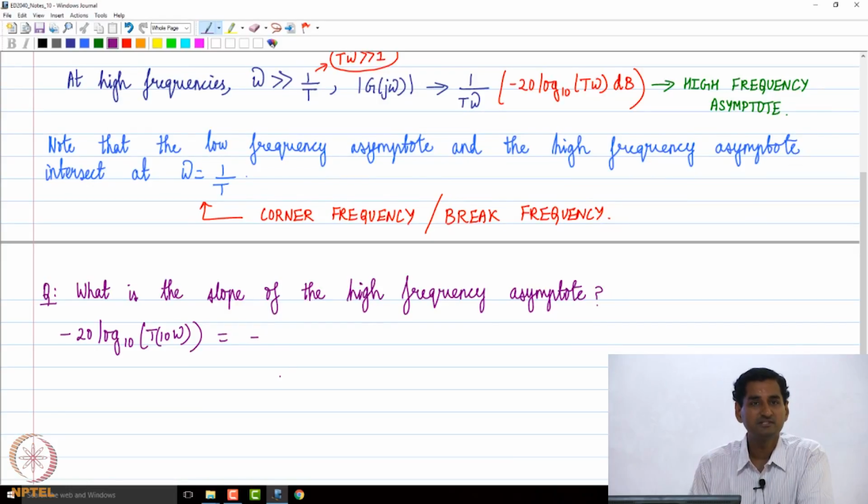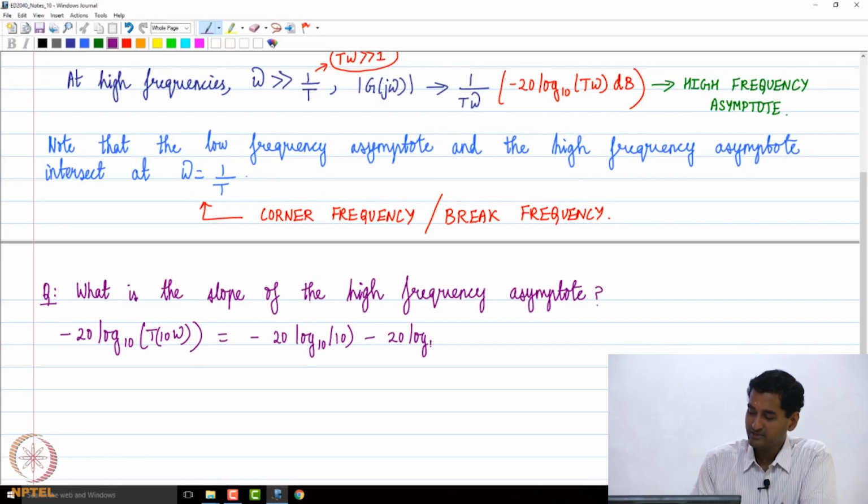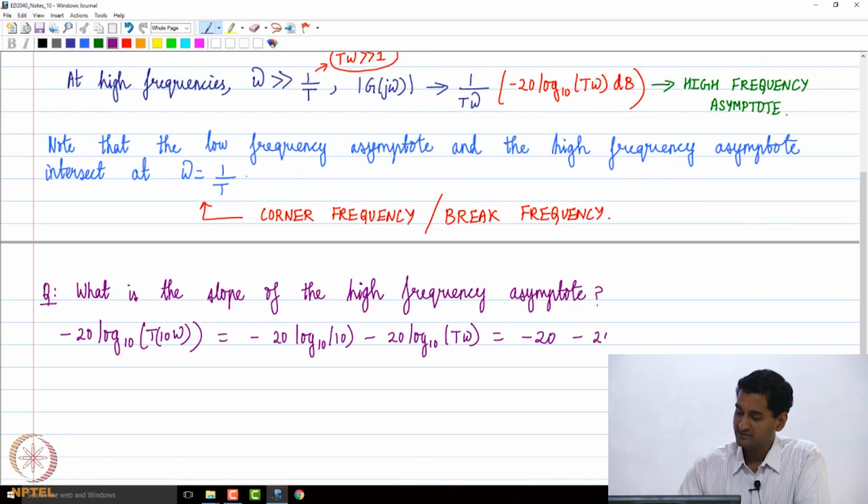Here I can rewrite this as minus 20 log to the base 10 T omega, and what is the first term? It is going to be minus 20, and minus 20 log to the base 10 omega.